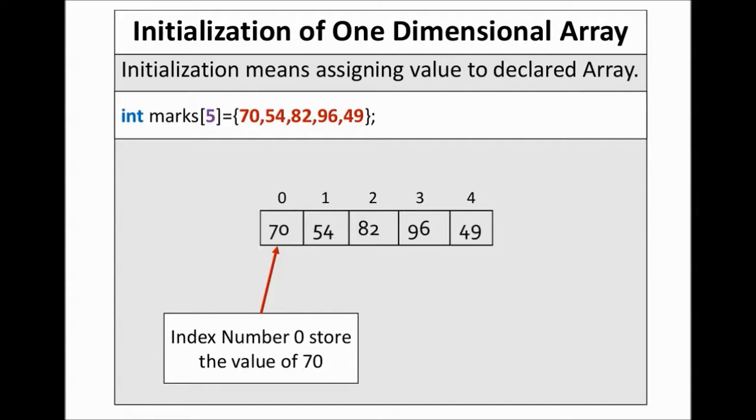So in this statement, int marks[5] = {70, 54, 82, 96, 49}, an integer array marks with 5 elements is declared. It also initializes the array with values given in the braces. In the declaration, marks[0] is initialized as 70, marks[1] is initialized to 54, and so on. marks[4] is initialized as 49. Here 0, 1, 2, 3, 4 are index numbers.